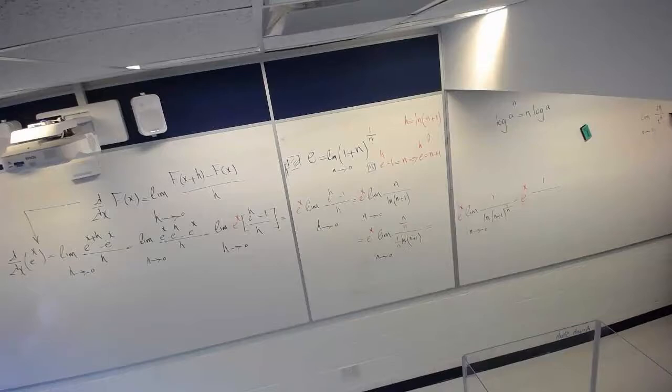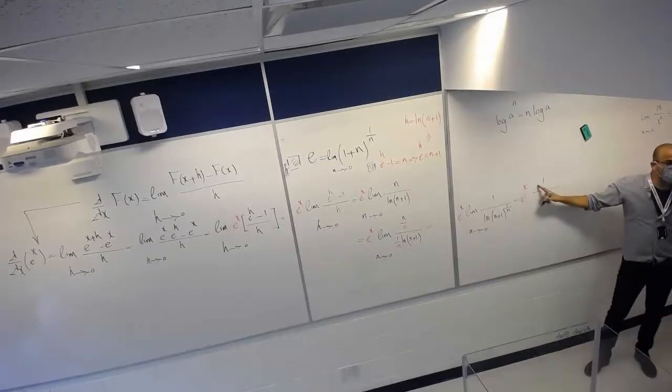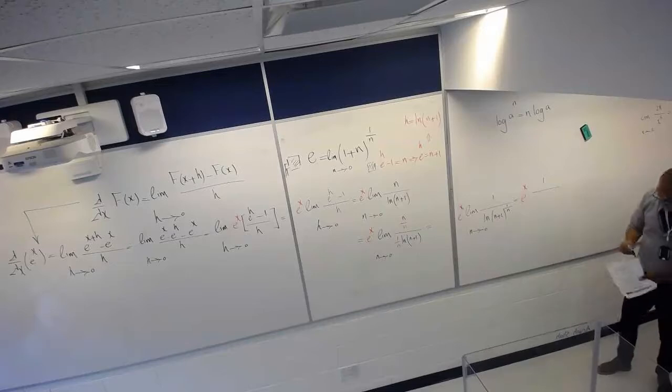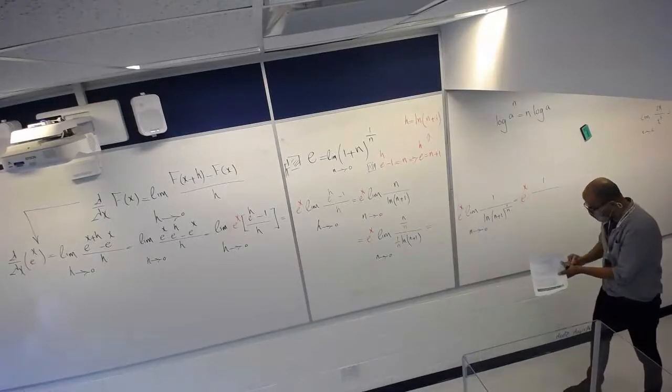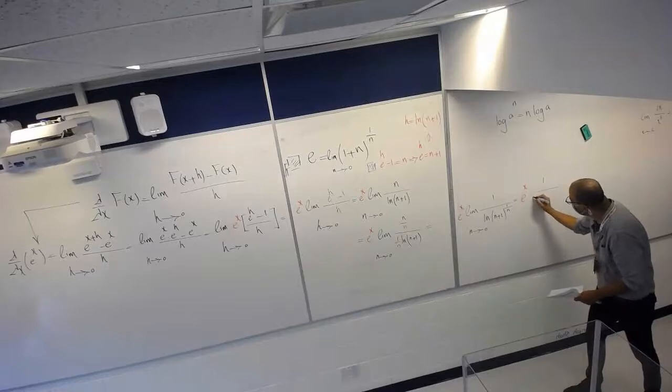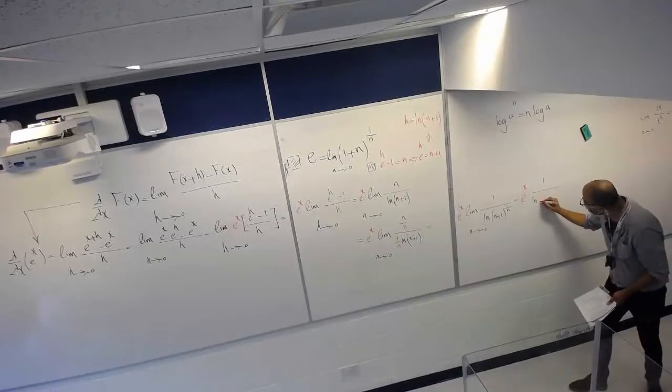The limit of the numerator becomes 2 times 2 over the limit of the denominator. Right? Now I'm going to do the same thing. The limit of the numerator is 1. Then I take the limit of the denominator. I can keep ln outside as an operator, and I take the limit.